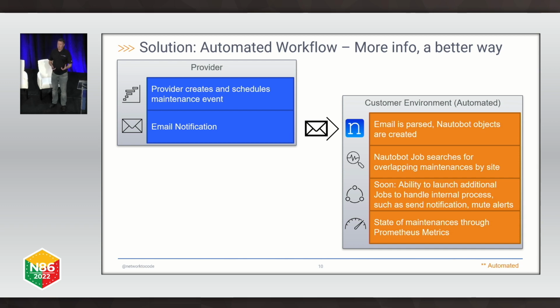We're going to look to enable you to set your business process inside of a Nautobot job, be that send a communication, or set the interface on the device and monitoring into maintenance mode, so that way it's all set for you. And as well with this, we have the capability to have the state of the maintenances exposed via Prometheus metrics. By having that in a metrics format, you're able to scrape that and get that into your monitoring platforms.